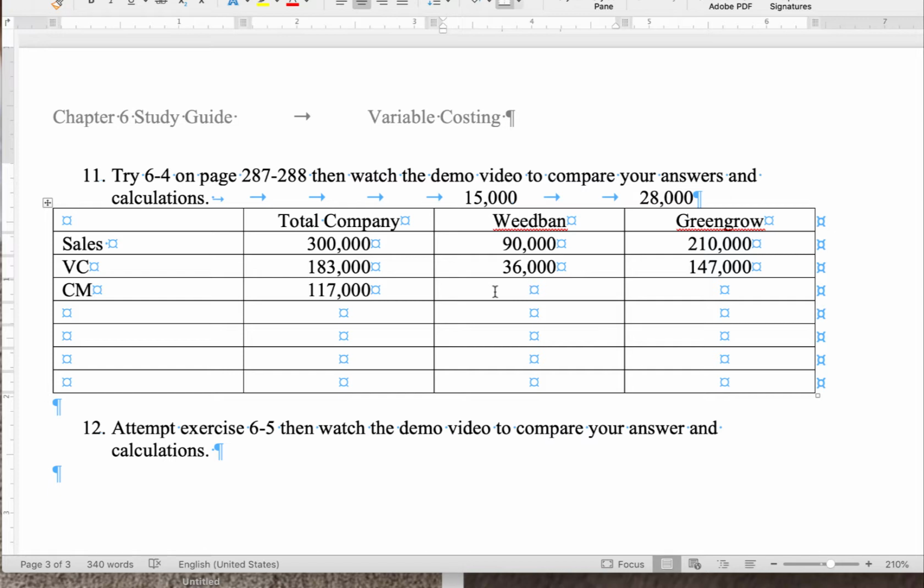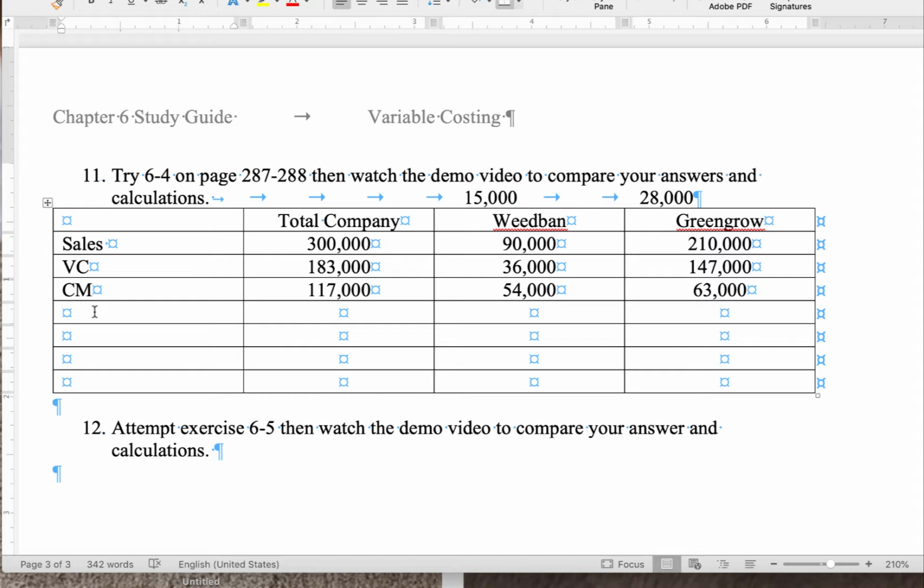So I'm going to subtract Weed Ban's variable cost of $36,000. I get $54,000 of contribution margin. I'm going to do the same thing for Green Grow. Green Grow has sales of $210,000. I'm going to subtract Green Grow's variable costs of $147,000, and I get $63,000 of contribution margin.